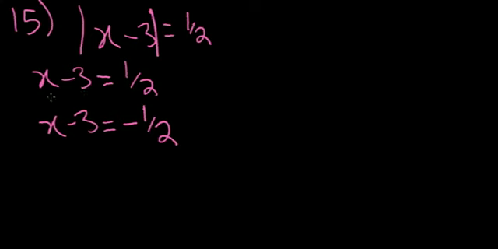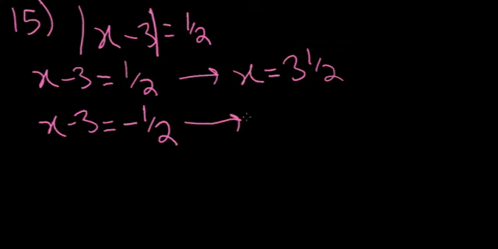So now let's solve these equations. The first one goes to x equals, we add the 3 to both sides, 3 and 1/2. And this one, x equals, we still add the 3, but to negative 1/2, so it ends up to 2.5. Since this is the lower value of the 2, this is the answer.